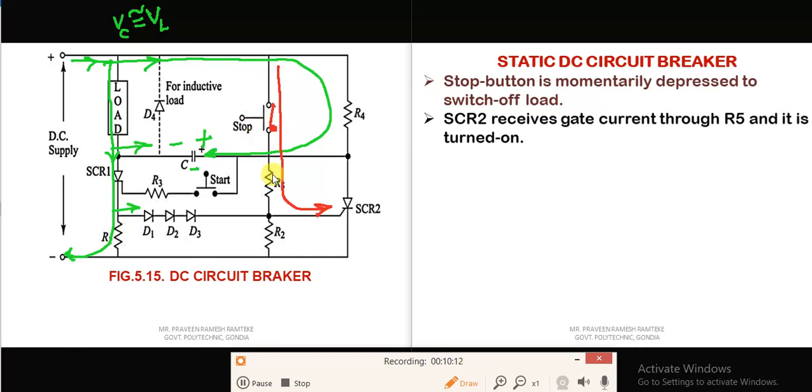This is resistor R5. When SCR2 is triggered through the gate current, it will turn on, meaning this will act as a short circuit.